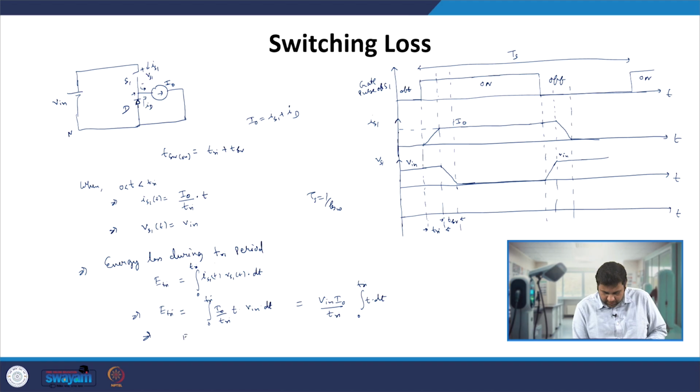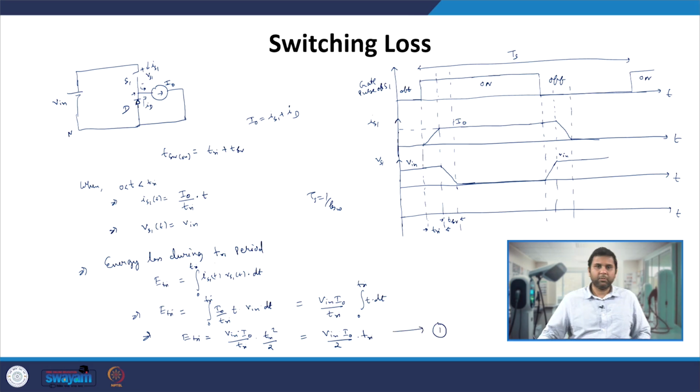Now ETRI is Vin I naught by TRI times TRI square by 2, and that we can write as Vin I naught by 2 into TRI. Let us define this as equation number 1.